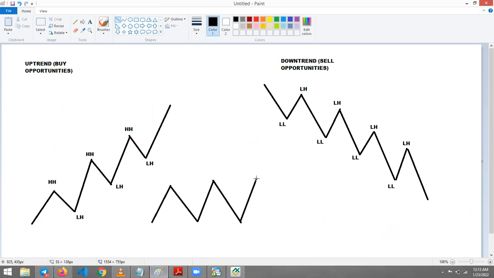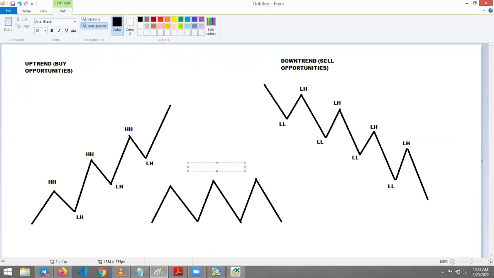This is what we call the ranging market. And usually for a ranging market, I recommend you don't take any trade, right? When the market is ranging, I recommend that you just observe what is happening. Only trade if the market makes a clear direction where it wants to go, uptrend or downtrend. Try to avoid the ranging market.